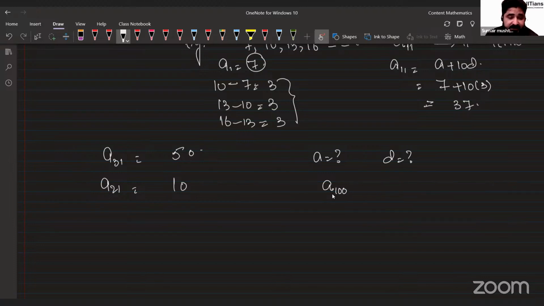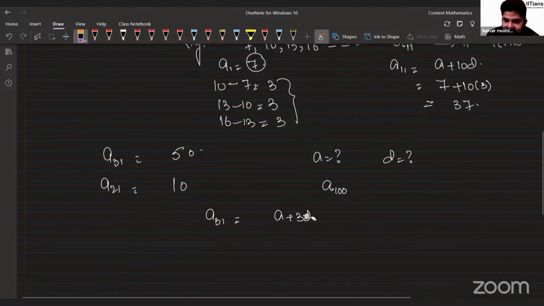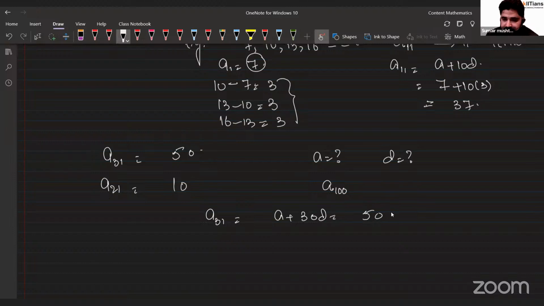How can this be done? Simple. You have to use a linear equation in two variables here. A31 is equal to a plus 30d, and this is equal to 50. And the 21st term is a plus 20d, which is equal to 10.